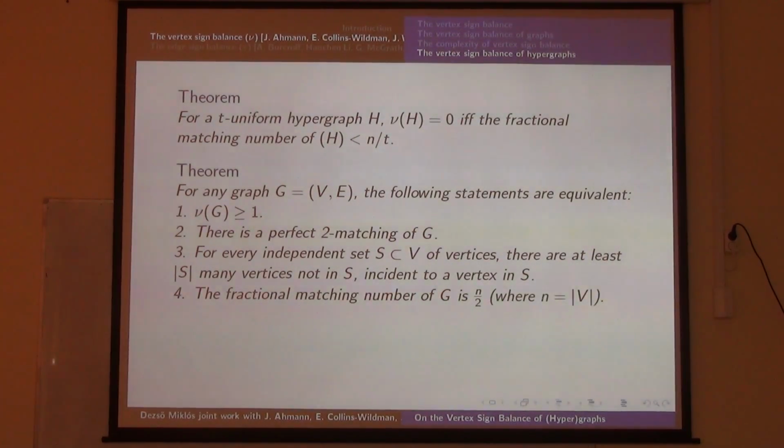So that is the vertex sign balance of the hypergraph, and again, if this minimum number is as bad as it can be, equal to the minimum degree, it cannot be bigger than the minimum degree, then the hypergraph is supposed to have the mathematical single property according to the original definition of that notion.